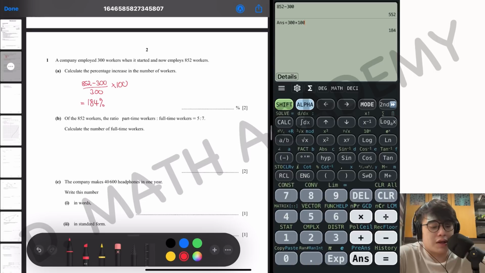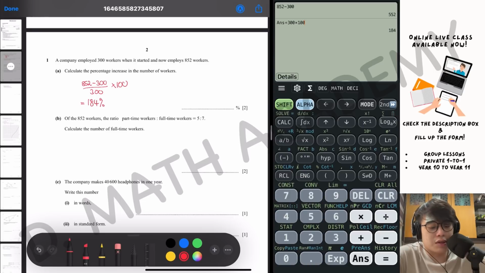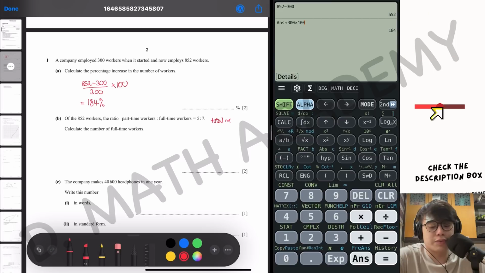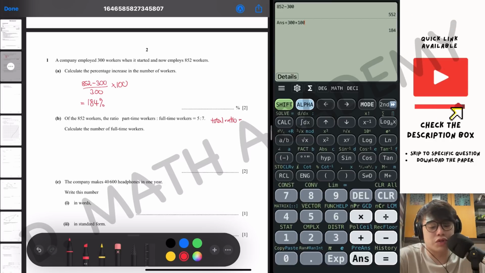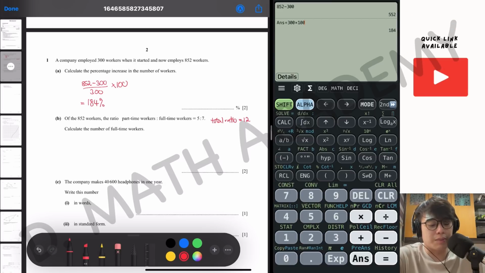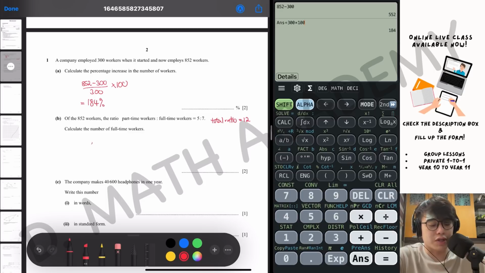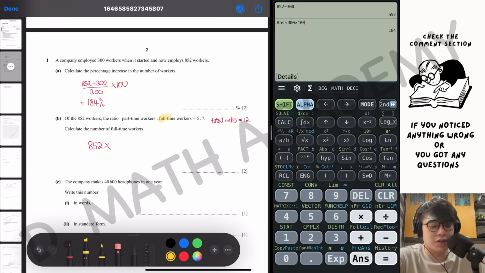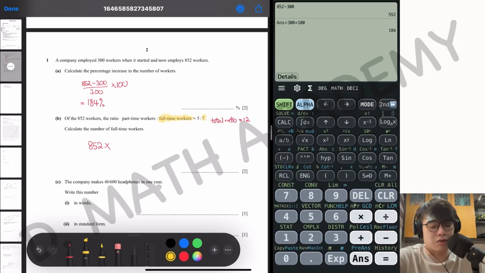For part B, of the 852 workers, part-time against full-time is 5 to 7. So kindly find the total ratio first. The total ratio will be 5 plus 7, which is 12. And to find the number of full-time workers, you have to take 852 times the ratio for full-time workers, which is 7, over 12.